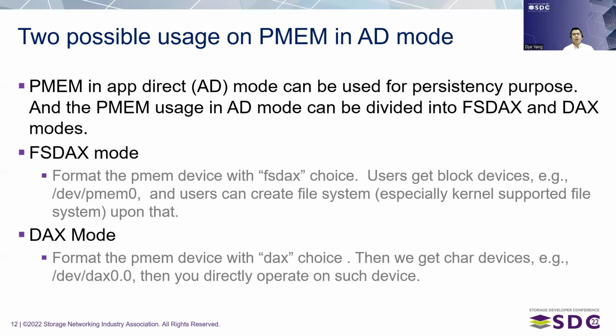One is FSDAX, and the second is DEVDAX mode. In FSDAX mode, the persistent memory device can be formatted as a block device, and the user can get block devices such as /dev/pmem0, and the users can create file systems, for example ext4, Btrfs, or others on top of that.